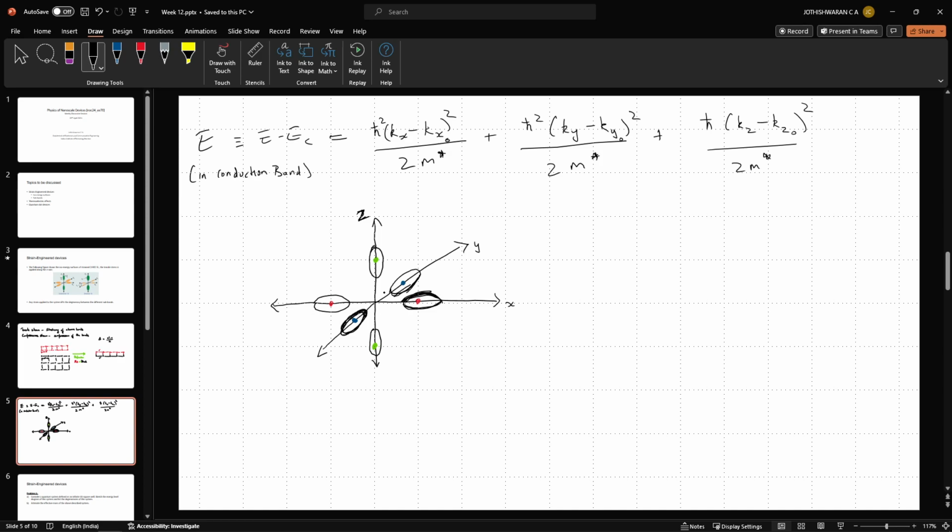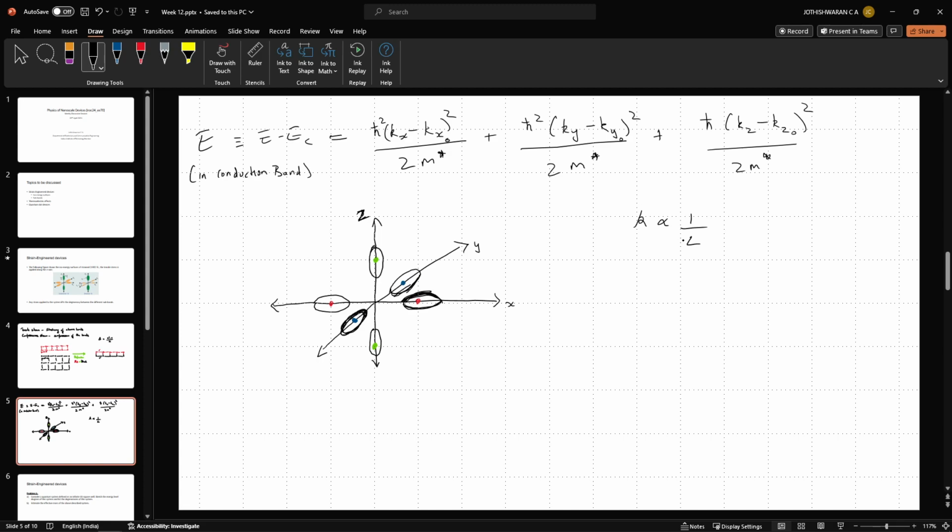Now when a strain is applied, as I explained very roughly in the previous session, K is proportional to 1 by L. You can see this directly from the dimensions of the wave number.